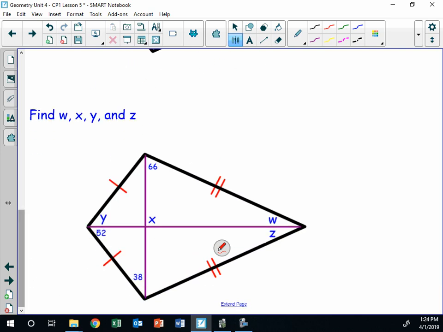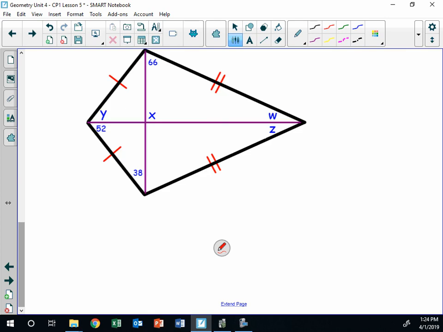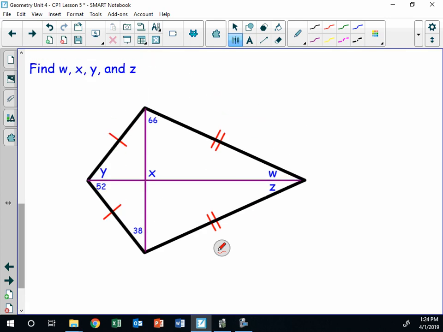Once we have those ideas put into place, we can use them to help us solve for missing angles. Once again, using the idea of a triangle, knowing that x equals 90, we have a kite, we have the diagonals, so they have to be perpendicular to each other, and then working through to find any missing pieces.